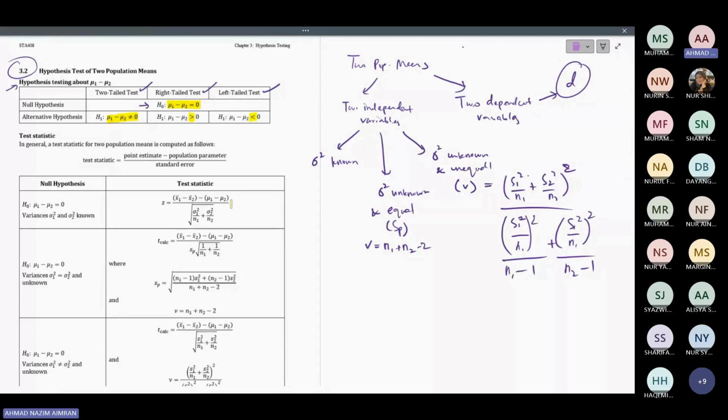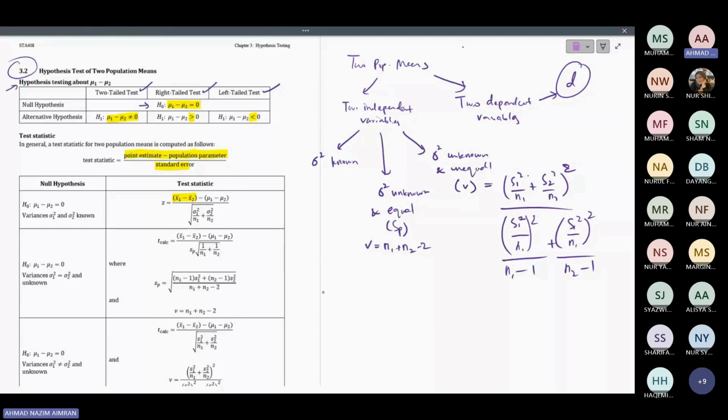For the test statistics, we will use point estimate minus population parameter over standard error. It is the same as for one population mean, but now since we have two populations, our point estimate is x bar 1 minus x bar 2.